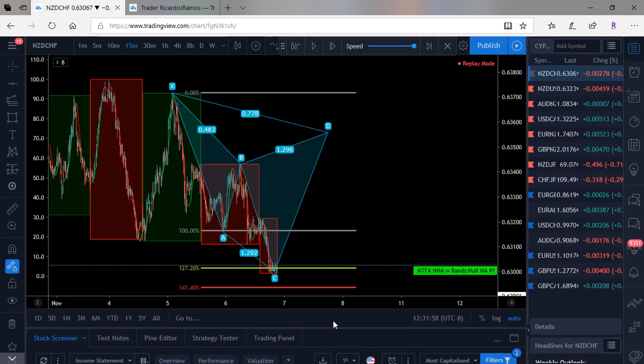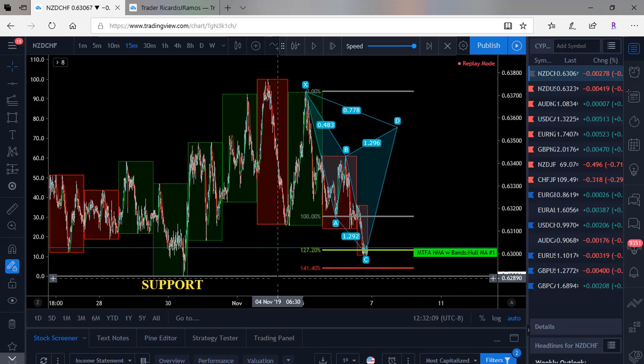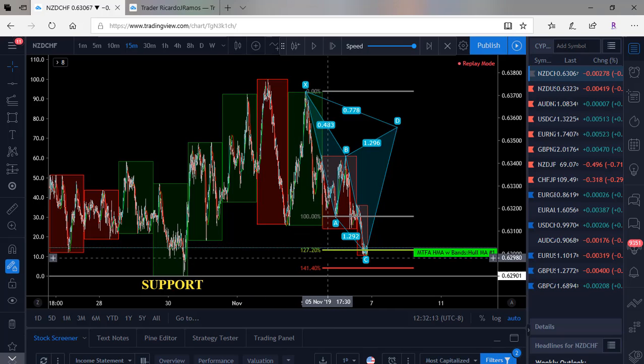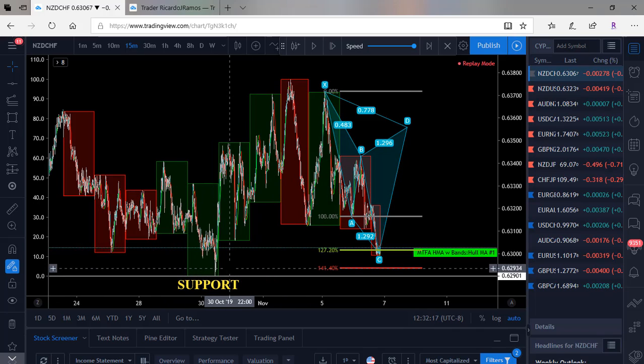Then basically price respected that 127.2 zone. But not only that, I also engaged in this trade because of previous structure.